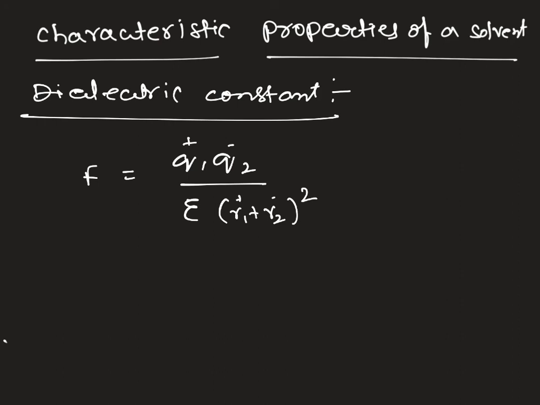So what information do we get from the dielectric constant? Here we can see the force of attraction between the two ions and the dielectric constant are inversely proportional. The dielectric constant tells us about the solubility of ionic compounds in a particular solvent.